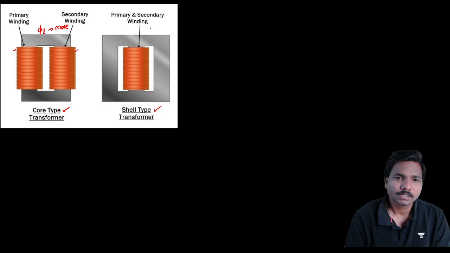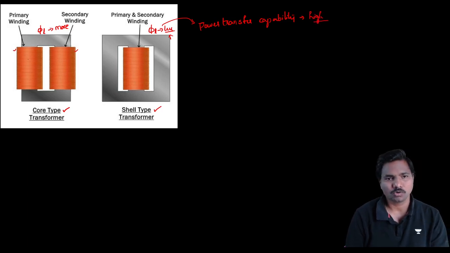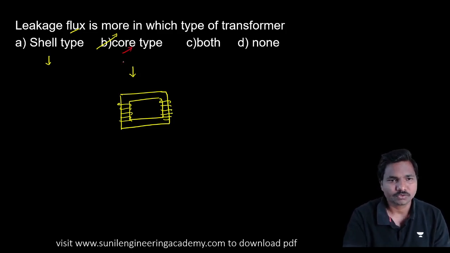Less air gap means less leakage flux. Whenever the leakage flux is less, the transformer has more power transfer capability. So power transfer capability is high in the shell type and low here. Leakage flux is more in the core type transformer.